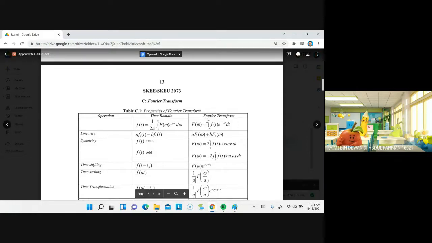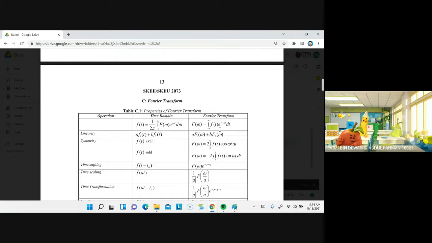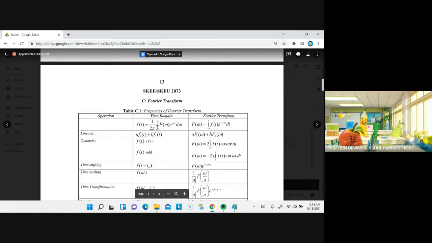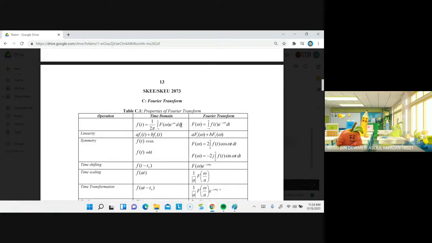This one is if we want to convert to Fourier transform. There is a consistent value here, which is e to the j omega t. This one is 1 over 2 pi and e to the j omega t d omega, and this one is dt.